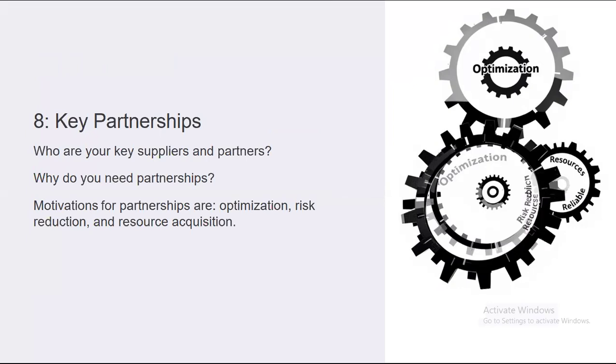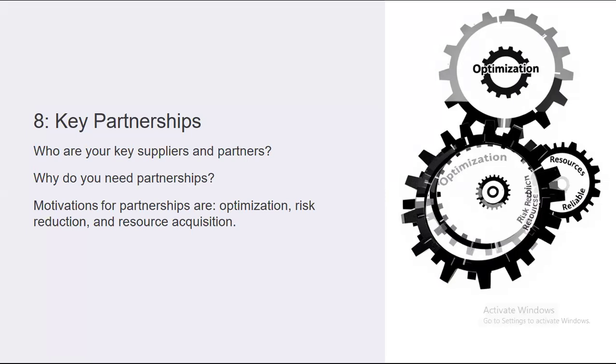So between your organization and the partner, what are your interests? Because if you get to know your interests, each party will have their needs met. But if you don't know what each party is looking for, then people will feel cheated, or they will feel that they've been taken for granted. Okay, so you should be able to know the motivation for partnerships.